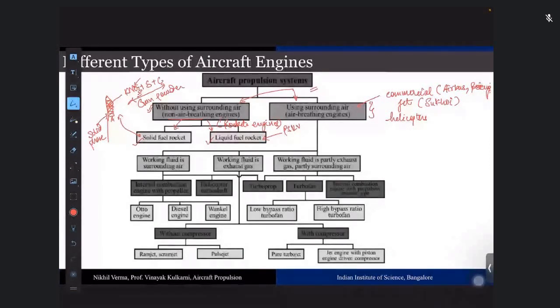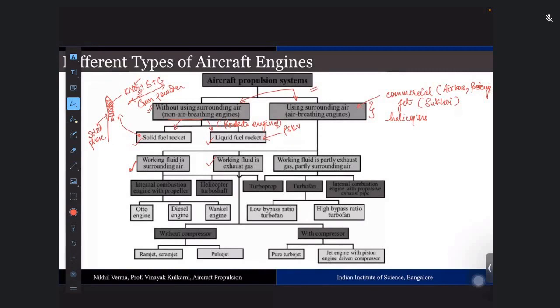So next, coming on to the air breathing type of engines, they can use the surrounding air to propel. They use the same atmospheric oxygen to run some combustion process, and the exhaust gases will be eliminated in the form of thrust.